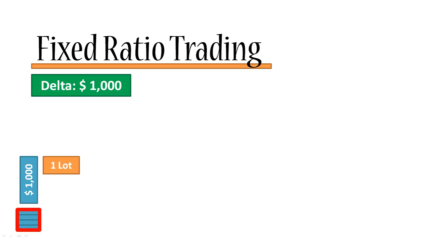Now, the method doesn't care how long it takes you or how many transactions it takes you. The core principle is that you have to get to $2,000 in order to be allowed to move on to the next step in terms of your volume. And let's see how that plays out.